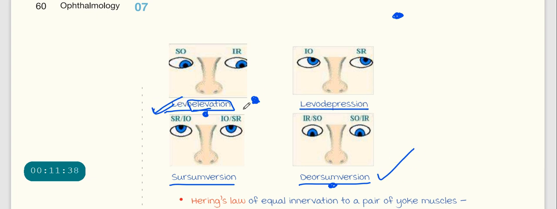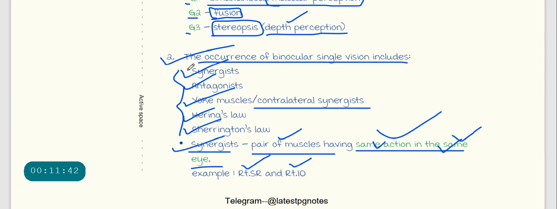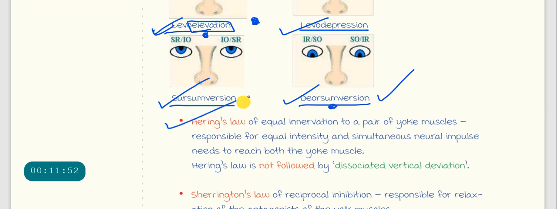Now after synergism, antagonism and yoke muscles, we are going to Hering's law. What is Hering's law, students? It is the equal innervation of the pair of yoke muscles that we studied here.